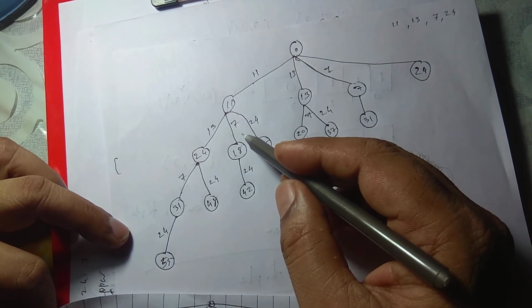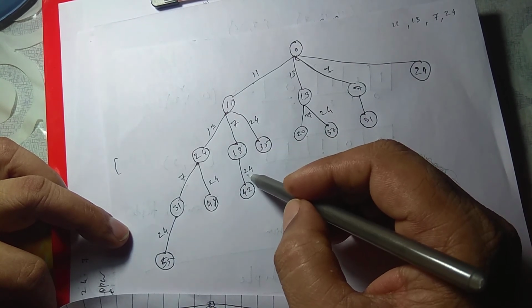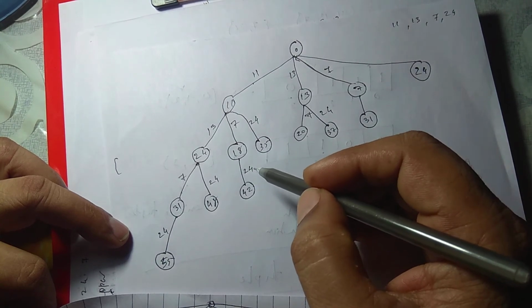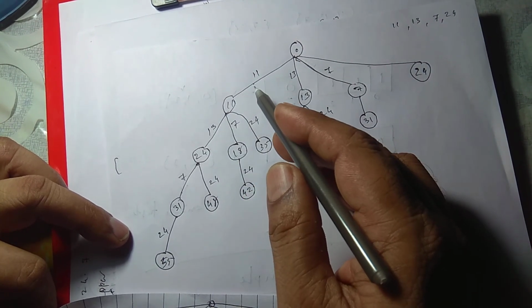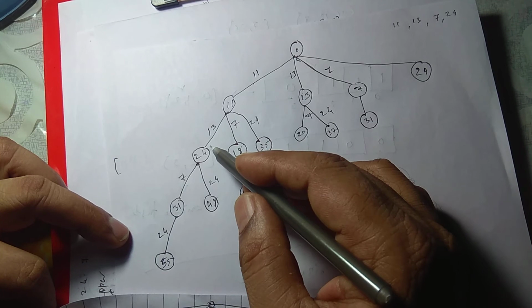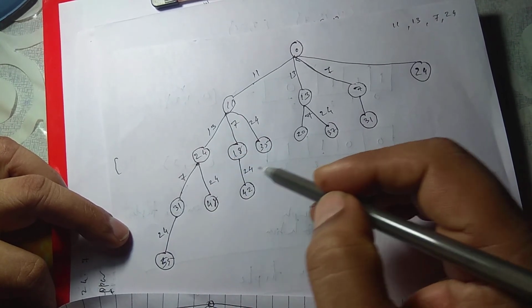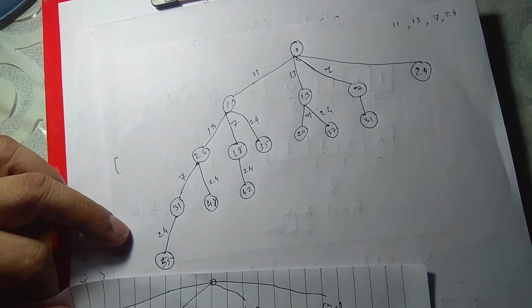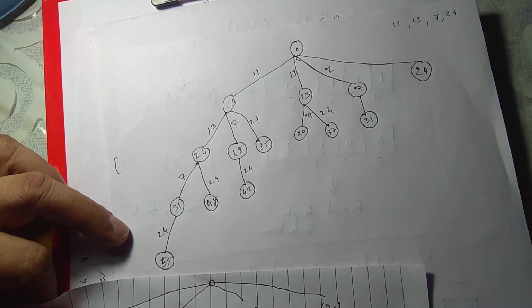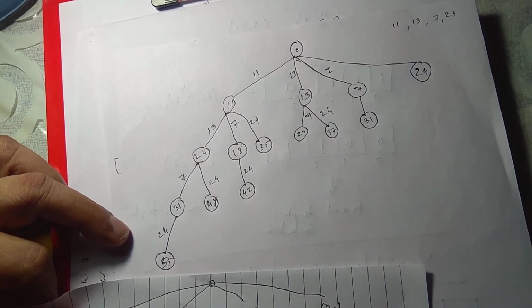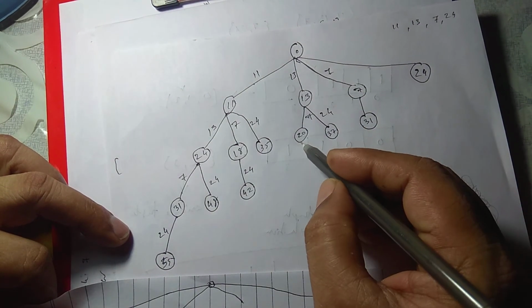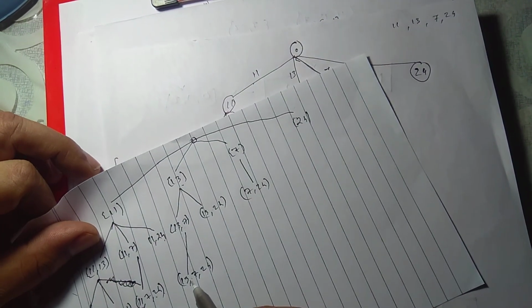Okay, 13, 7. Yeah, here one is missing. That is 13, 7, 24.